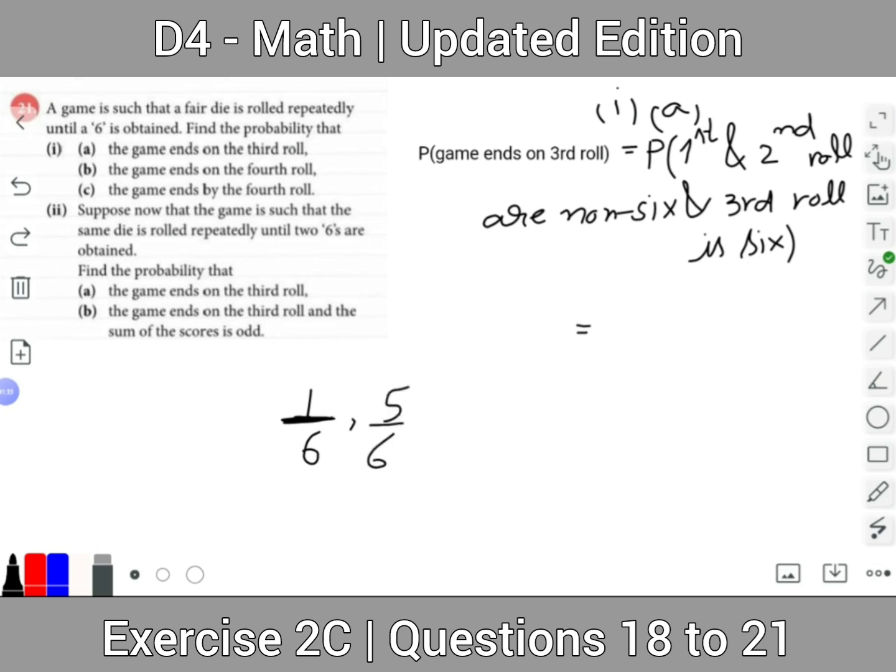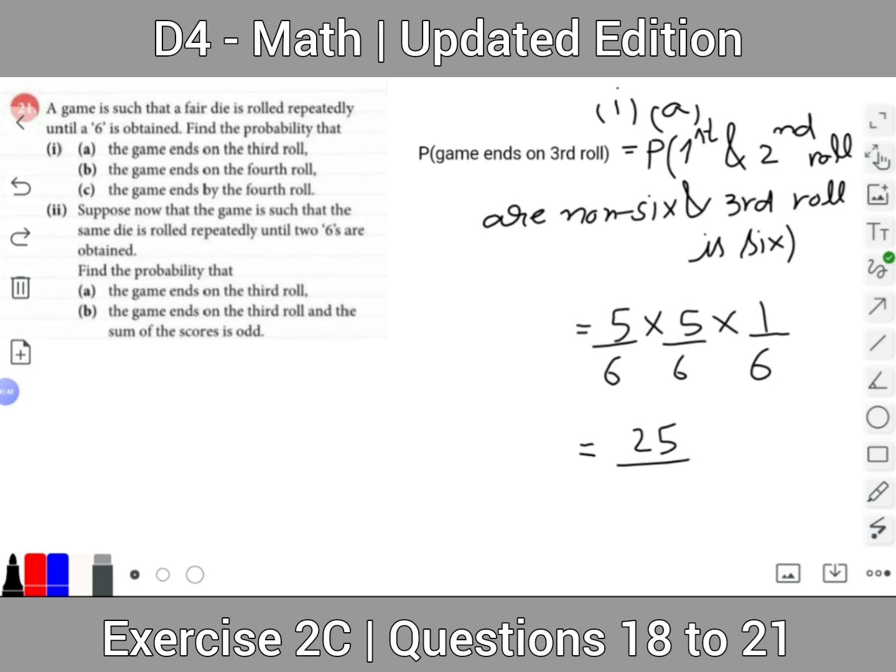So now we have to use here the multiplication law of probability. So the probability for the first and the second roll are non-6 will be 5/6 multiplied by 5/6, and now for the third roll we have the probability 1/6. Now we have 25/216.